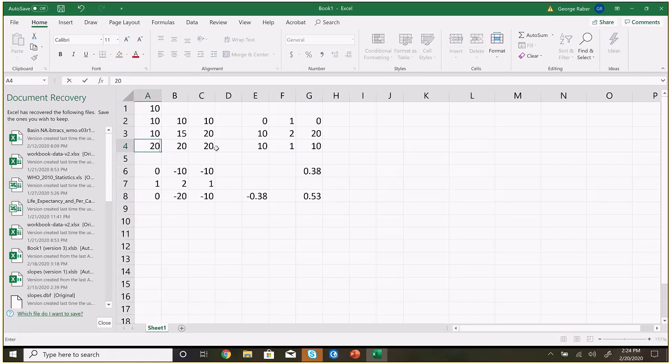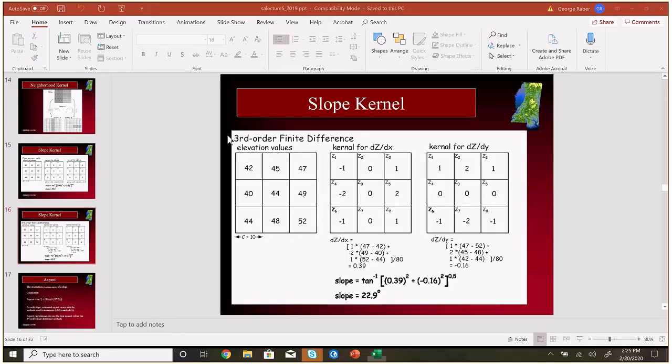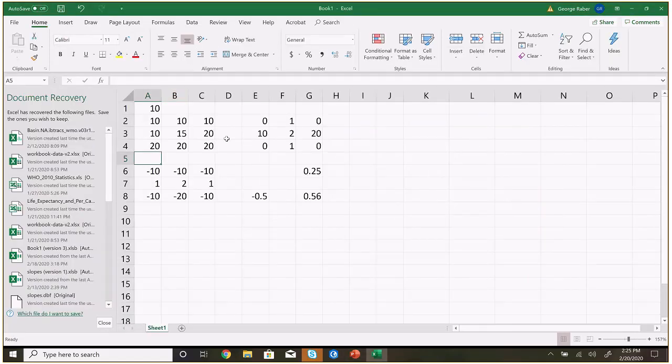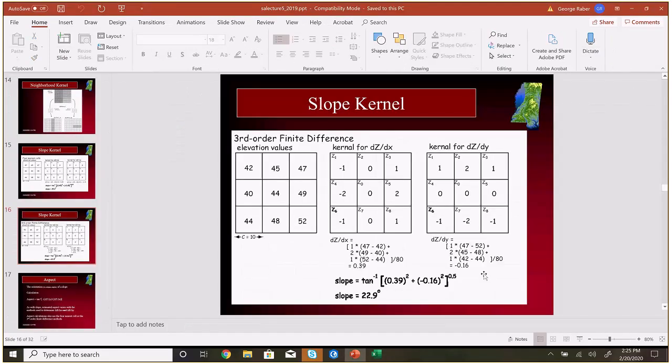But if we change this to 20, then all of a sudden now this is a difference of 20. But it went up regardless because we're increasing the slope. Okay. All right. That's just a little Excel example of what we're doing, how the math works.